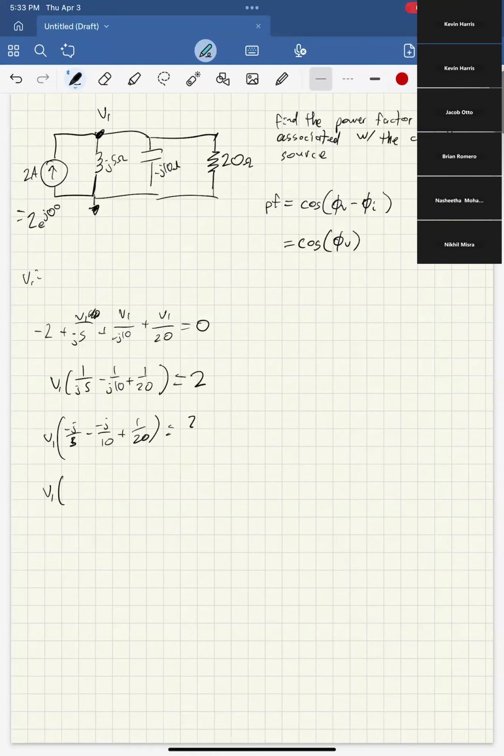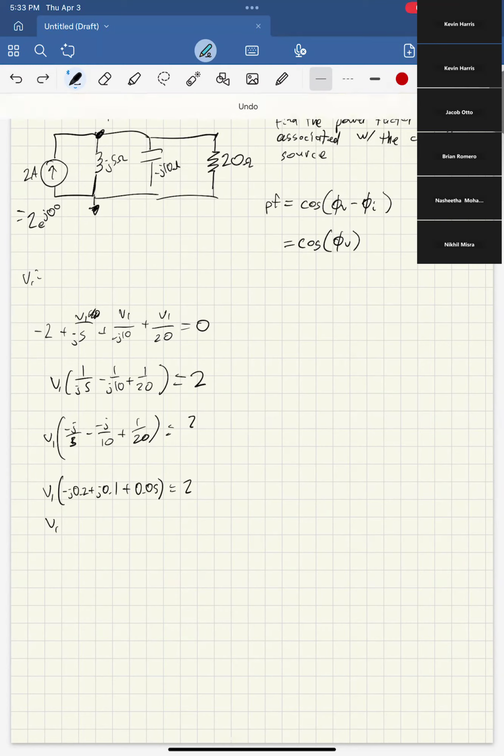I can just do this by hand. 1 over 5 is 0.2, so negative j0.2. And then these minuses cancel, so plus j0.1 plus 0.05 equals 2.